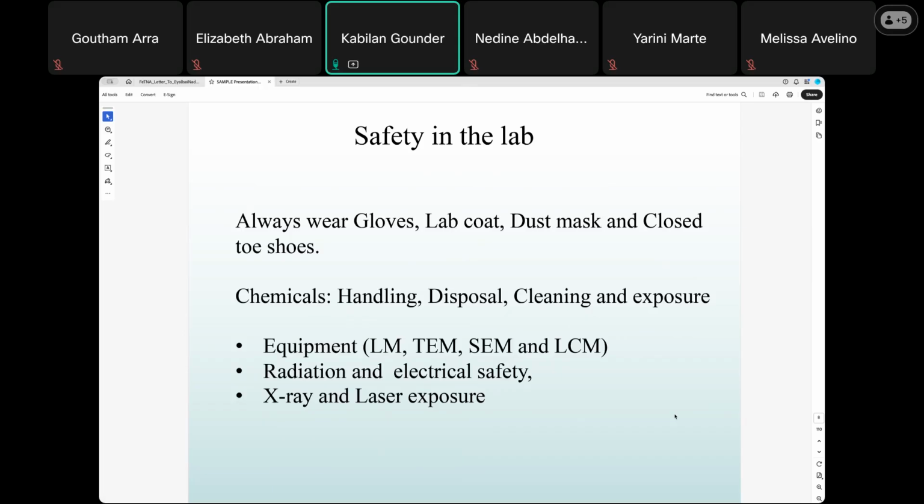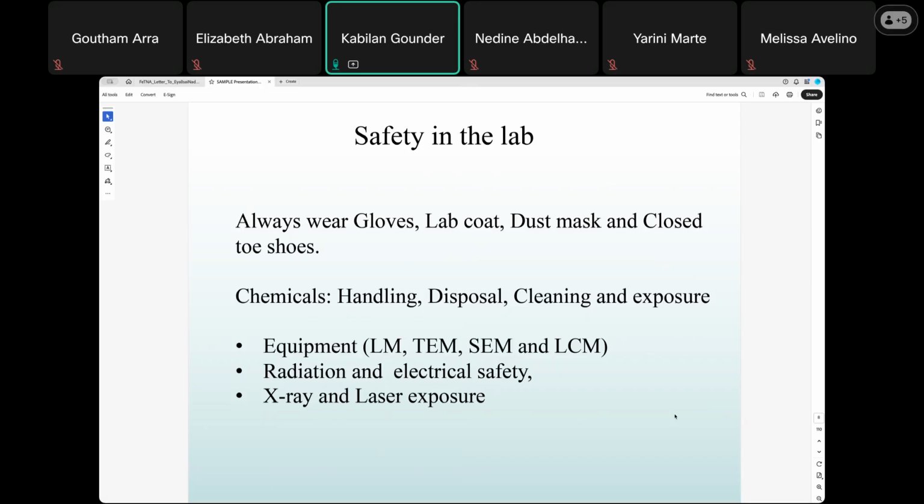So safety in the lab is very, very important. The general basics are the same in all labs. Some places, where the instrument or special chemicals are used, need extra care.